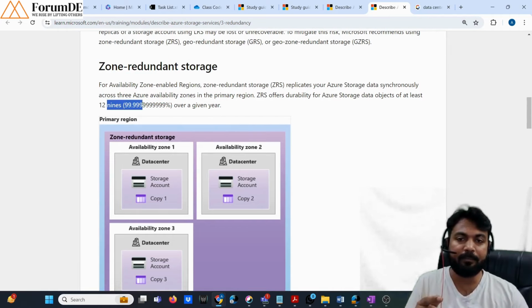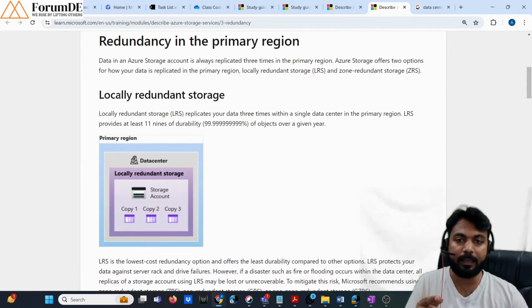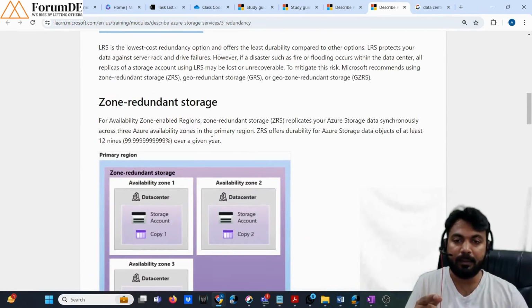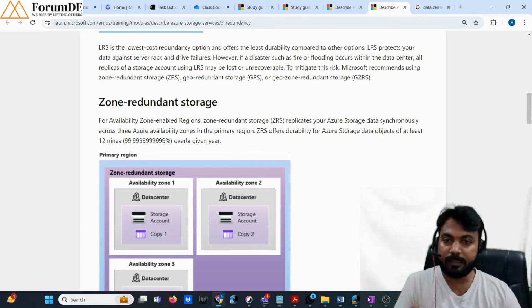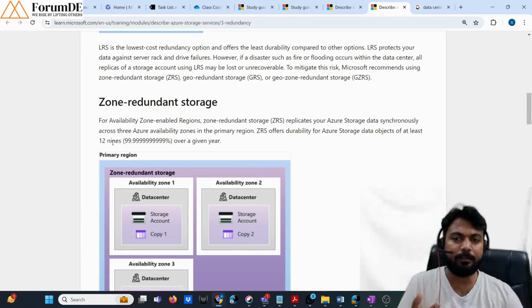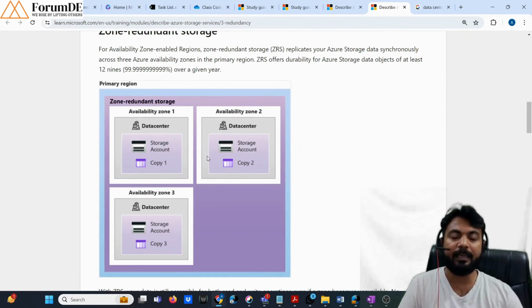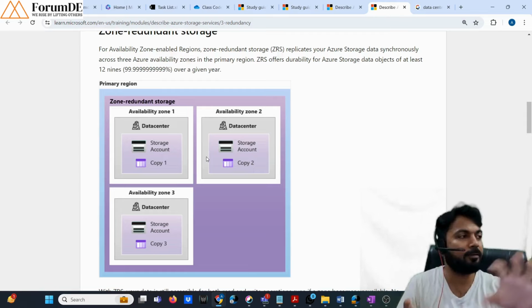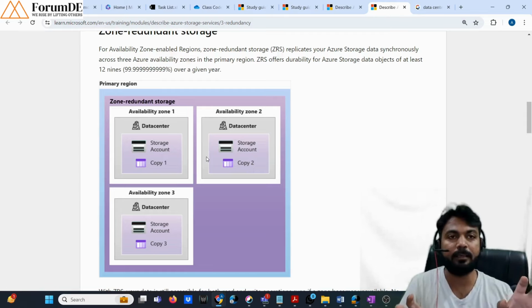Of course, its availability will be higher as compared to LRS, right? Because in LRS 11 nines durability is there, and here we have 12 nines durability. Of course, it will be more durable, and the data will be more available on this zone redundant system. Why? Because all three copies of data are kept in different buildings, different locations, though nearby.